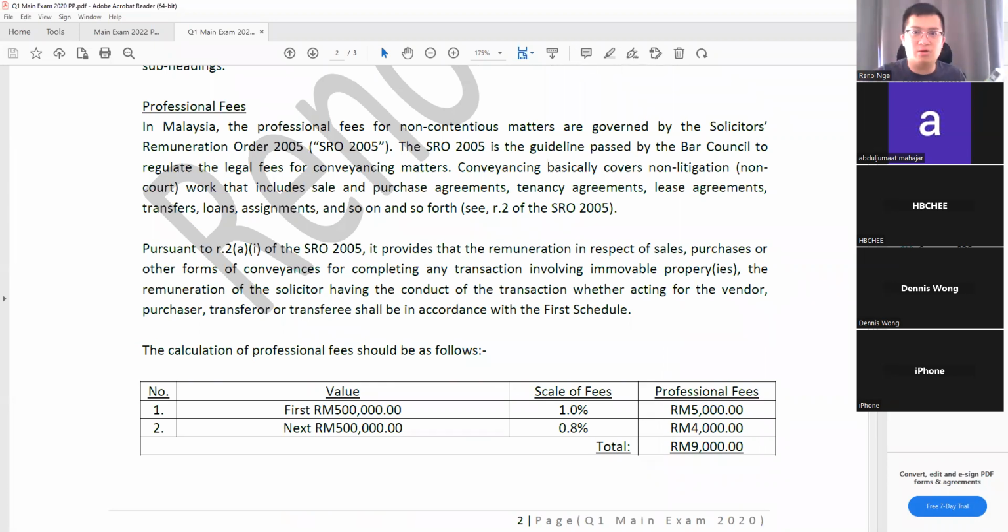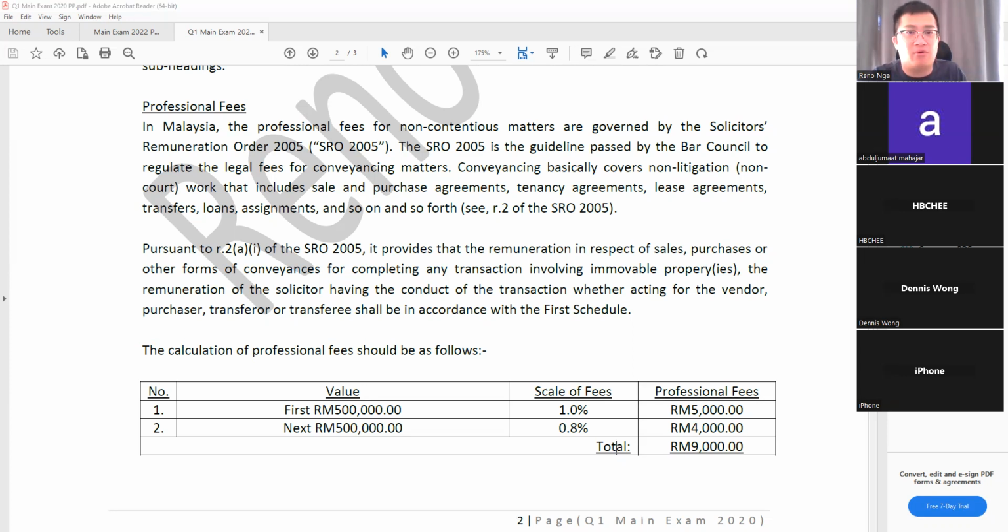So let us continue with what are those rules we often use in the exam. After the Solicitors' Remuneration Order, another one I think is quite important is the Legal Profession (Disciplinary Proceedings) Rules. However, please take note, the latest Legal Profession Disciplinary Proceedings Rules is 2017.